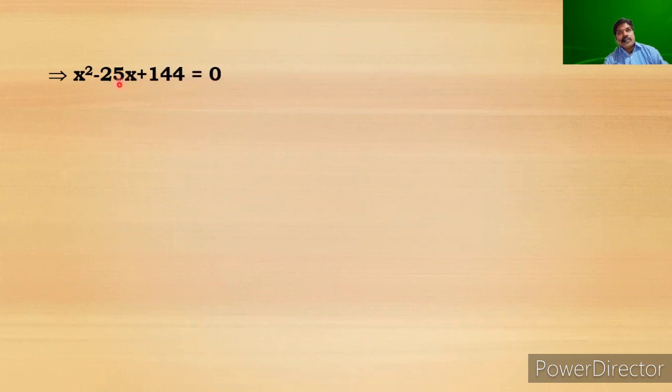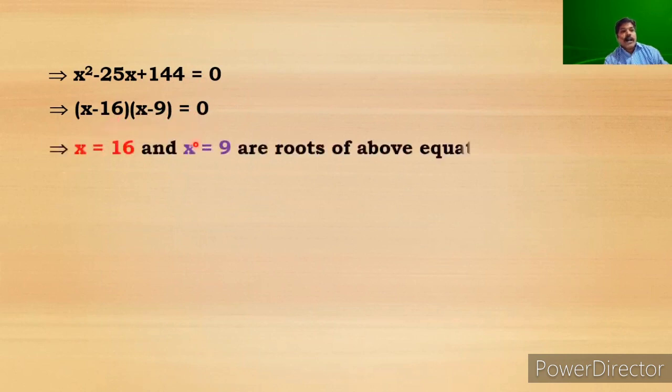Take the factorization here, minus 16x minus 9x. So it will become (x minus 16) into (x minus 9) is equal to 0. So x is equal to 16 and x is equal to 9 are the roots of the above equation.